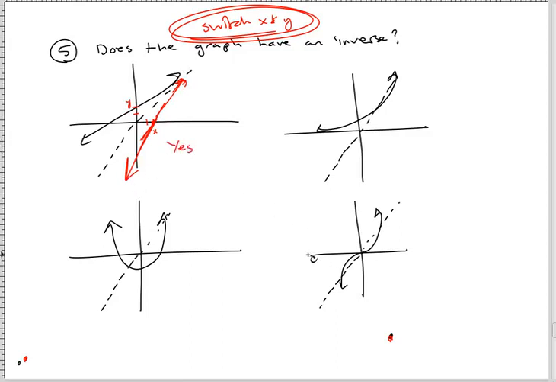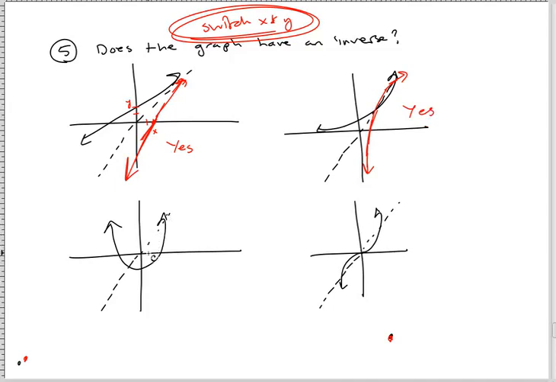Okay. What about this guy? So it looks like it comes in like this here. Kind of like that. I know mine's a lot bigger looking, so let me try to not make it so big. There we go. Now it probably looks a little bit better. Is this red line a function? Yes.